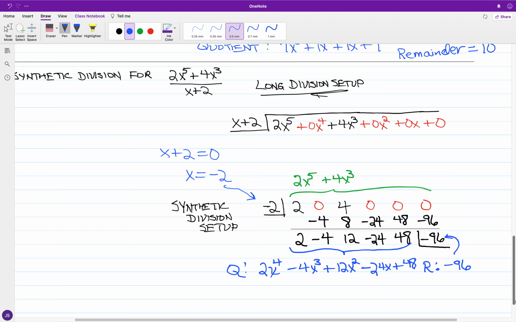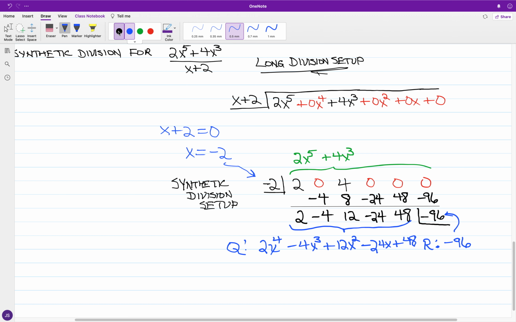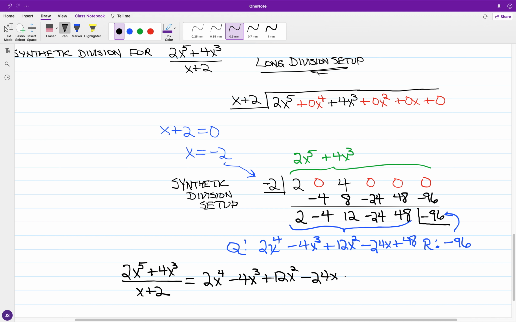All right. And so if I were to take what I have here and write an expanded notation. Okay, so I have 2x to the fifth plus 4x cubed all over x plus 2. So with the quotient part, we have 2x to the fourth minus 4x cubed plus 12x squared minus 24x plus 48.